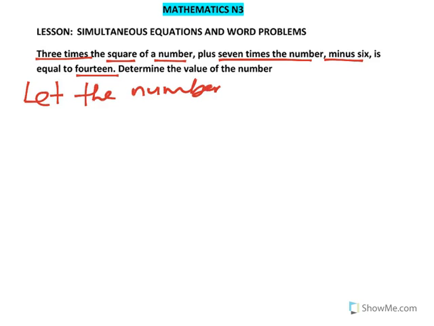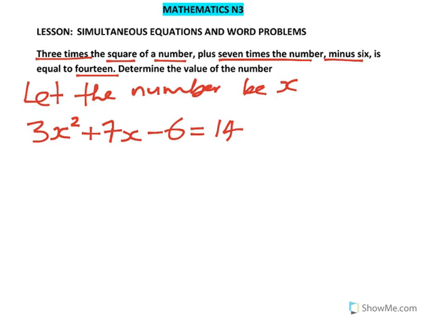Be X, that's why we are solving for X. 3 times the square of a number is 3x squared, plus 7 times the number, the number remember is X, minus 6 is equal to 14. See now, it's a quadratic equation. Now they say find the number.